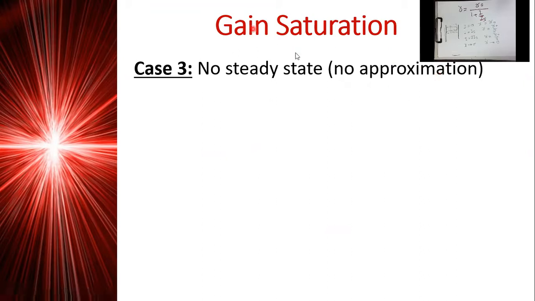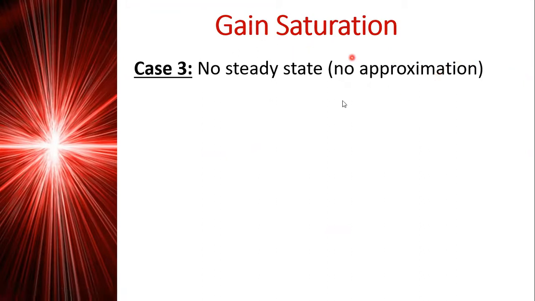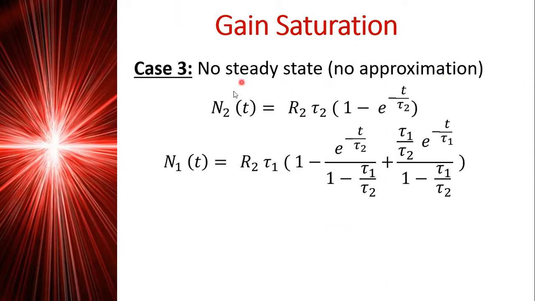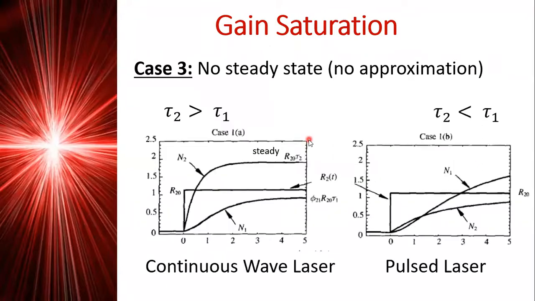You are not requested to do it step by step. So there is no approximation that works. In this case, we will have N2 in this manner and N1 in this manner. Of course, now N2 is a function of time because there is no steady state. That's why we have this equation as a function of time. And under this condition, we will get these two curves.